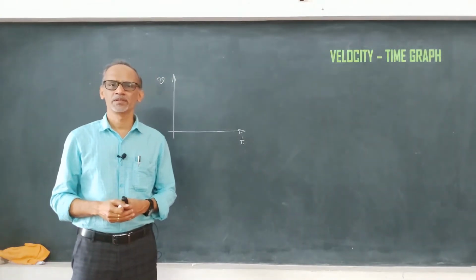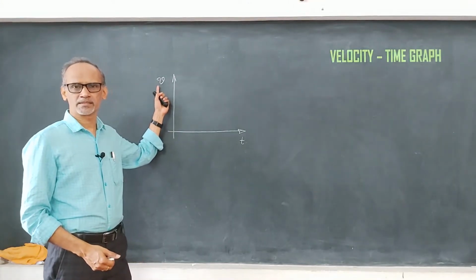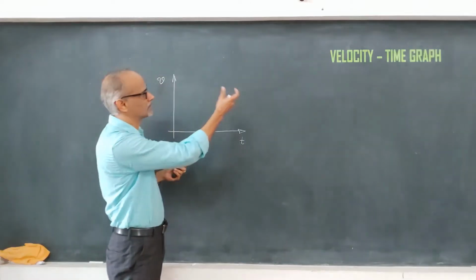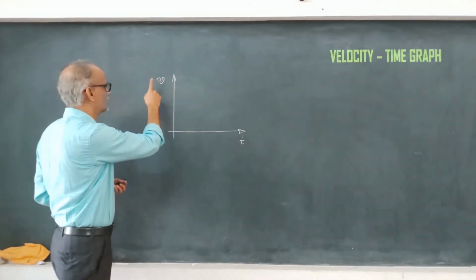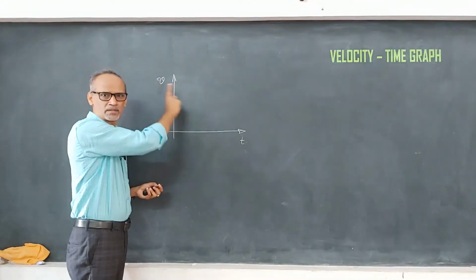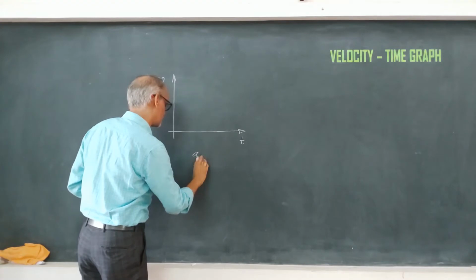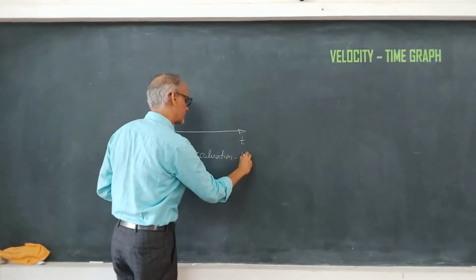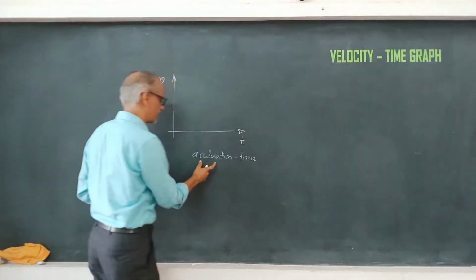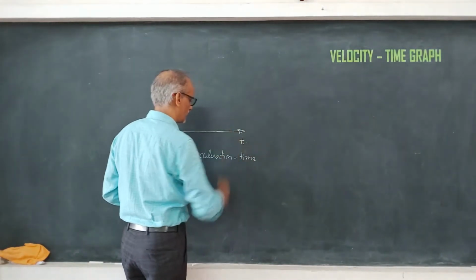Repeatedly asked question: what is the VT graph? A graph obtained by plotting velocity along the y-axis. Whatever the first quantity that comes, that should always be taken along the y-axis, not along the x-axis. So, if I write an acceleration-time graph, I have to take the acceleration along the y-axis and the time along the x-axis.